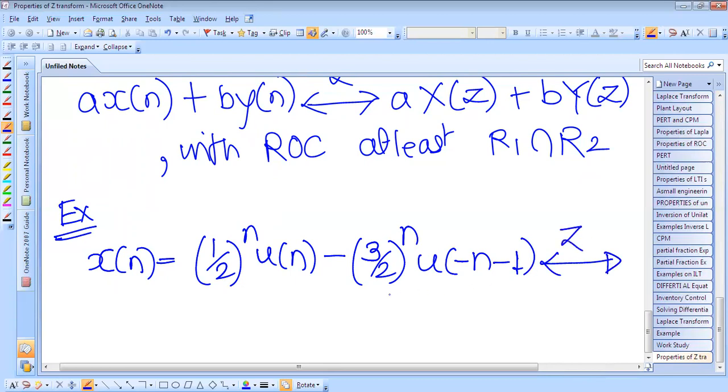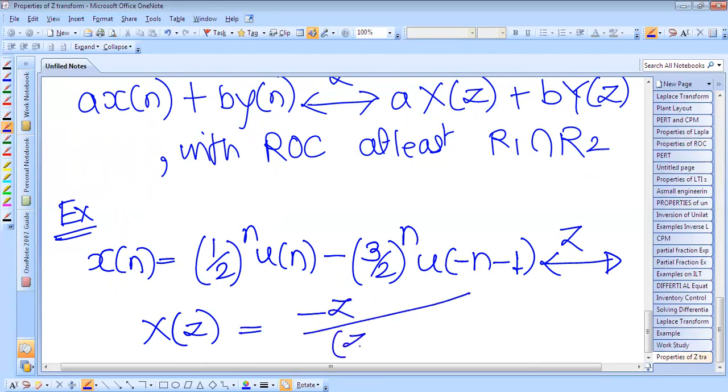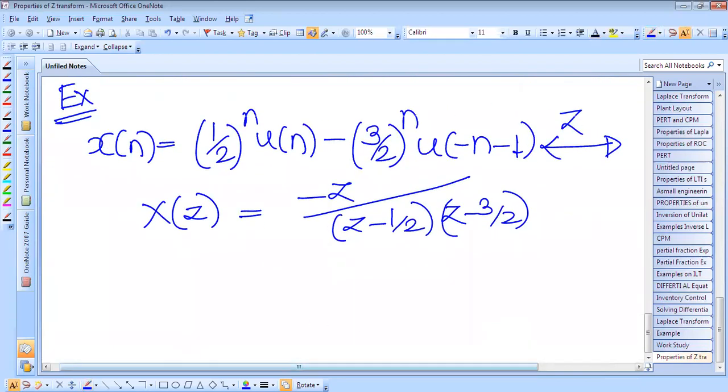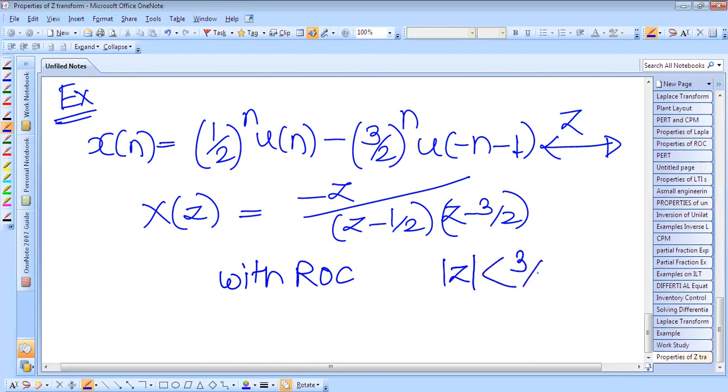The Z transform of this is x of Z equals minus Z over Z minus half into Z minus 3/2, with ROC magnitude of Z greater than half but less than 3/2.